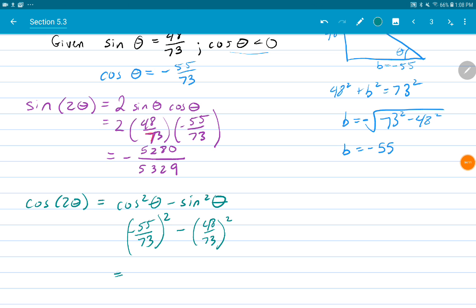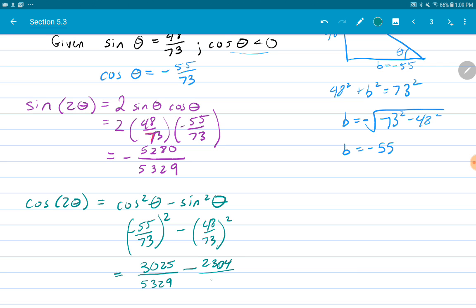Okay, so negative 55 squared is 3025. And the 73 squared, which I noticed up above, is 5329. Minus 48 squared is 2304.